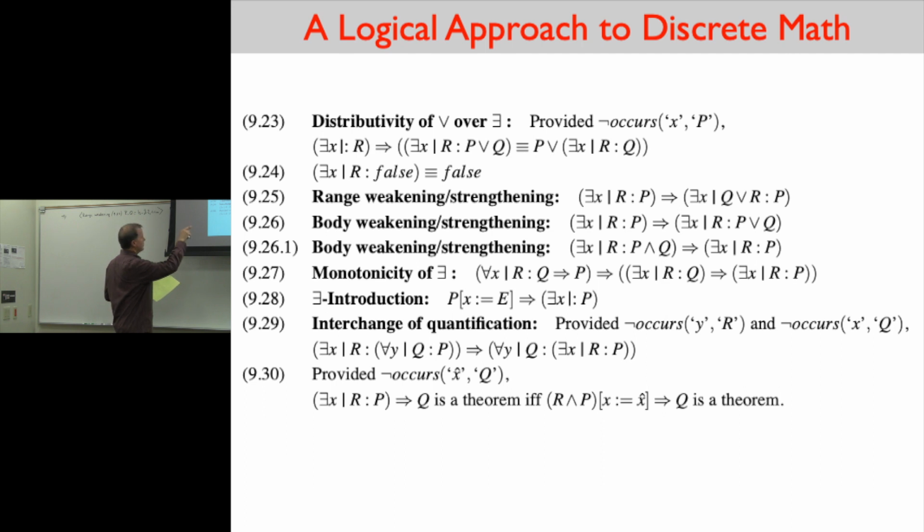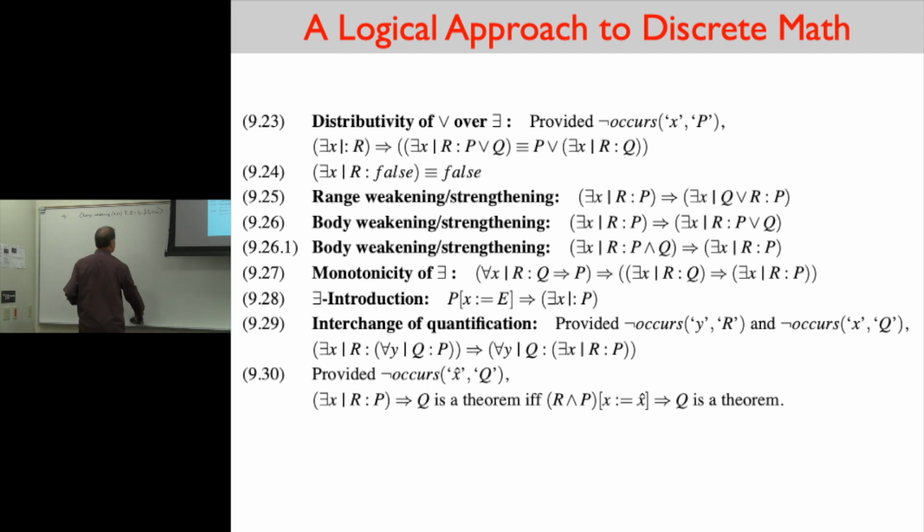If we were to write this out, there exists an X, range K equals D hat times C hat, body P, implies there exists a K, range K equals D hat times C hat or true, body P.